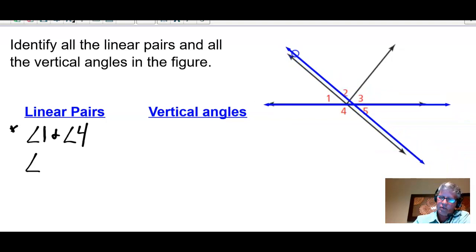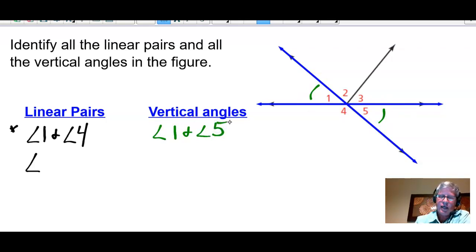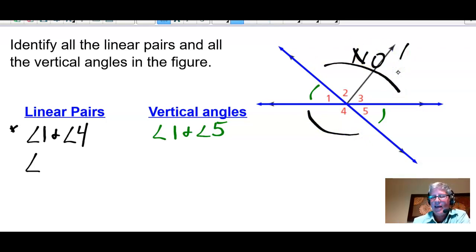So I want to pull your attention to those two, and that's going to tell us that 1 and 5 are vertical angles, and it's very tempting to think that 4 and another angle are a vertical pair of angles. That means we have two angles. The 4 is not a vertical pair with 2 and 3. So that doesn't quite work. Okay, so we'll say the only vertical pair there are 1 and 5.